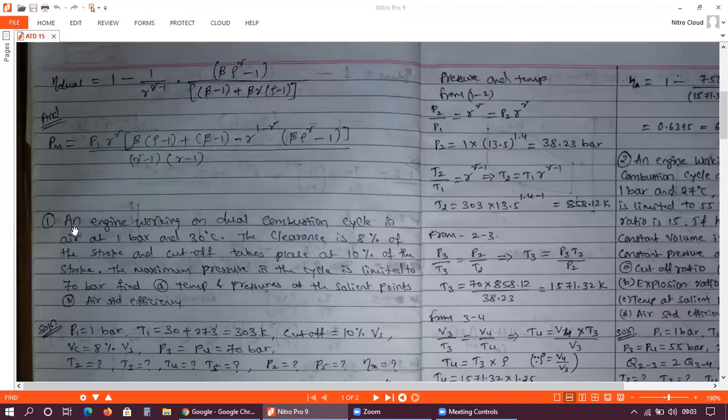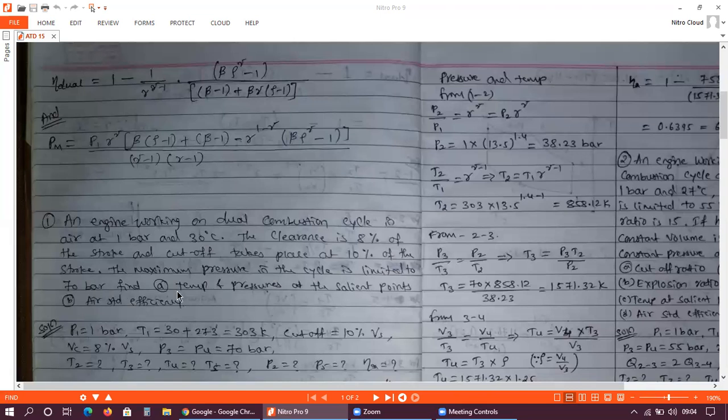So the problem statement is here, as you can see: an engine working on the dual combustion cycle in air at 1 bar and 30 degrees Celsius. The clearance is 8% of the stroke, and cutoff takes place at 10% of the stroke. The maximum pressure in the cycle is limited to 70 bar.